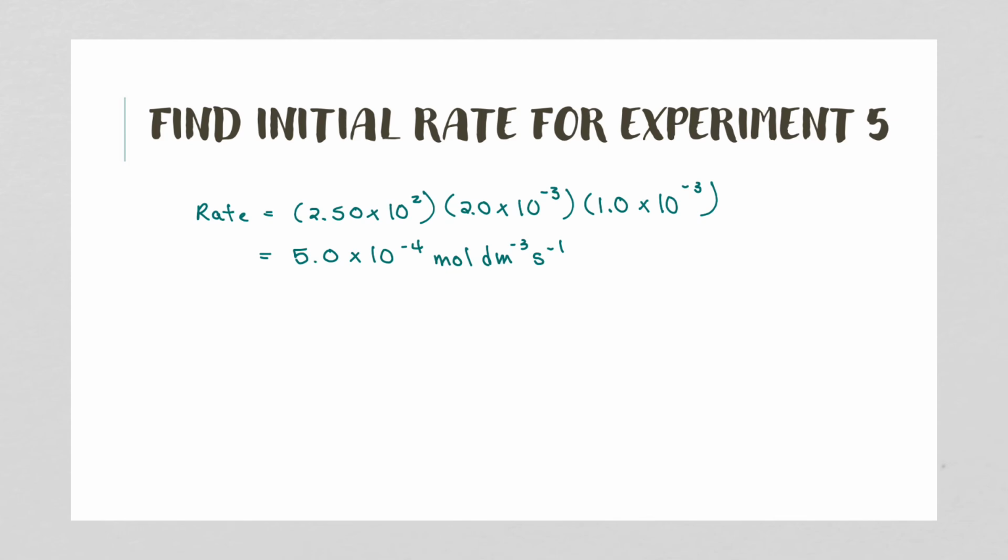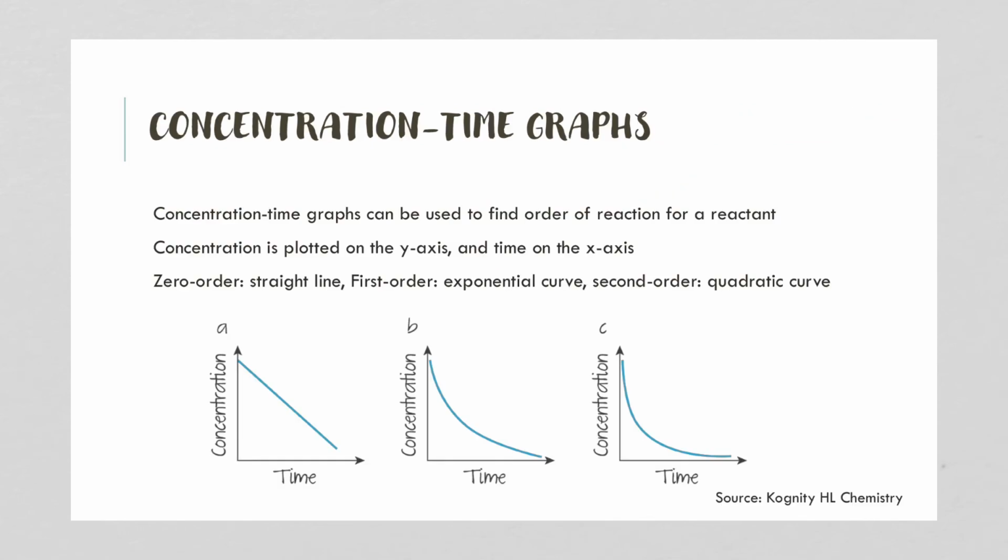So we can find the order of reaction for reactants if we look at it experimentally and calculate the rate that way. We can also use them to find the order of reaction using a concentration time graph. Concentration time graphs will have specific shapes for the different orders of reaction.